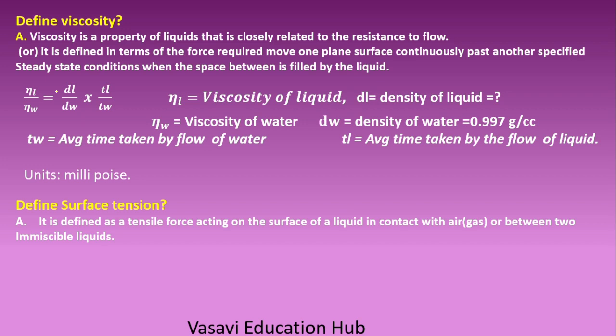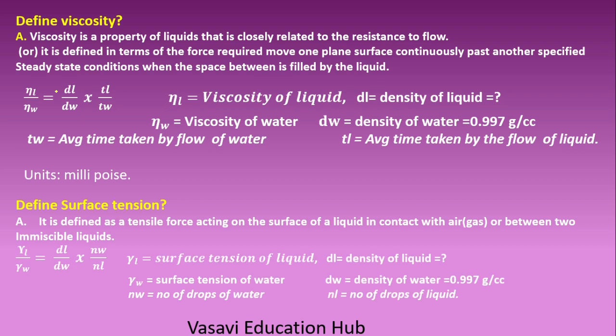So define surface tension. It is defined as a tensile force acting on the surface of a liquid in contact with air, or gas, or between two immiscible liquids. That is called surface tension. So what is the formula for surface tension? That is γL by γW is equal to dL by dW into nW by nL.